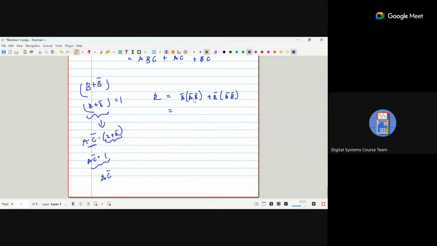So now again everything is AND. So you have A bar and A bar and B bar plus B bar and A bar and B bar. A complement and A complement, what will it be? A complement. So it will be A bar B bar, and same thing, B complement and B complement will give you B complement. So now you have A complement B complement plus A complement B complement.